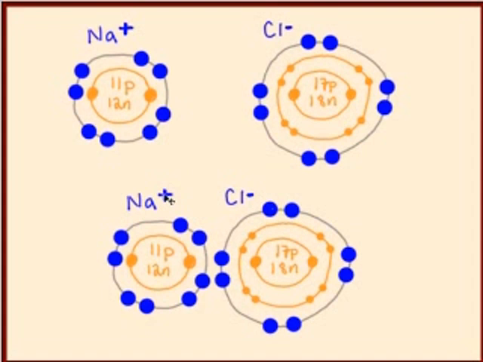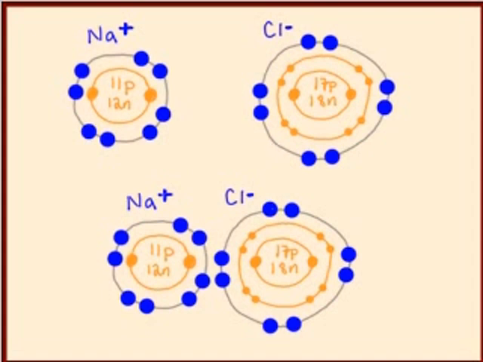The chloride anion has a negative charge and the sodium cation has a positive charge. And due to those differences in charges, they're going to be attracted to one another and bond together.